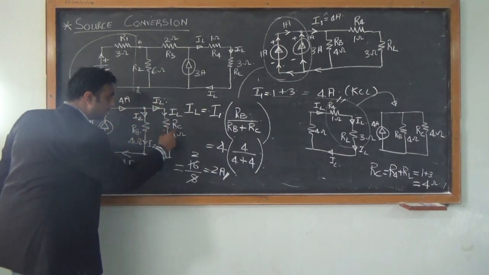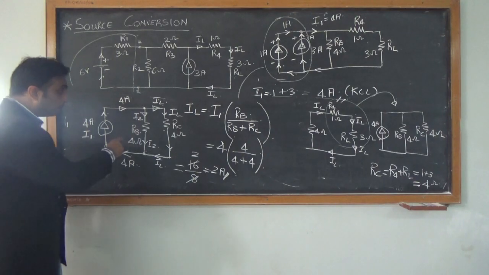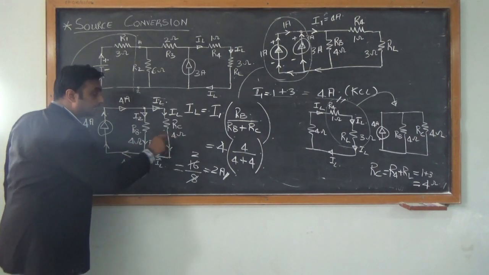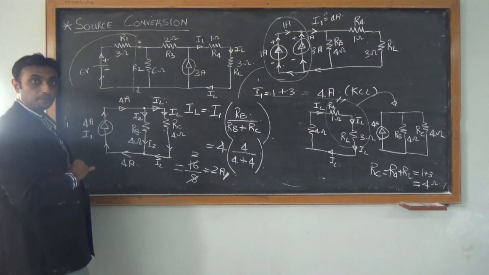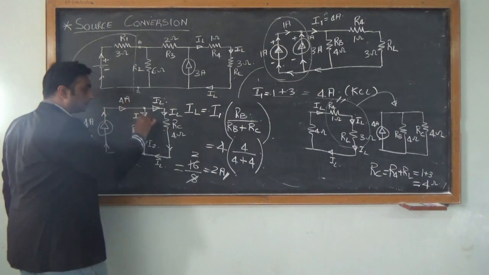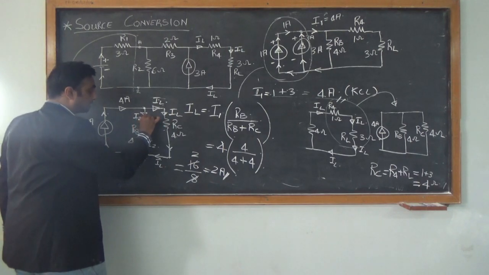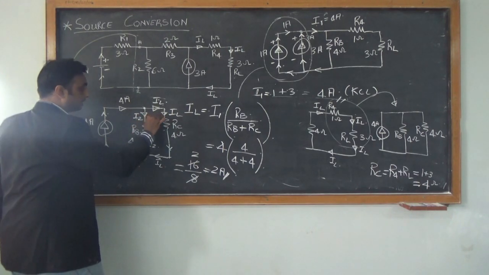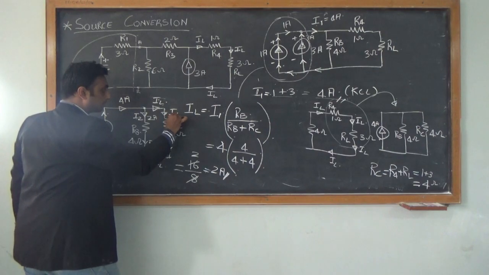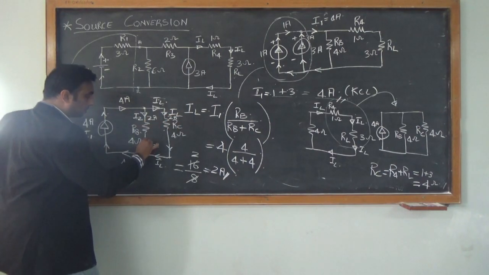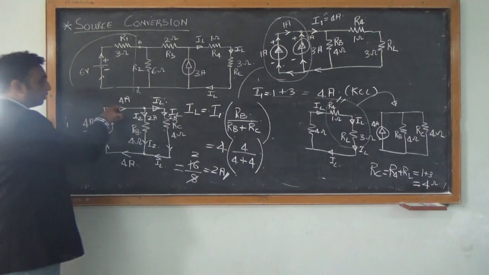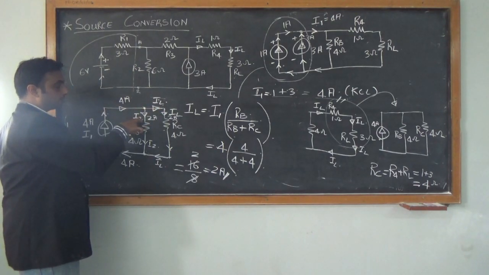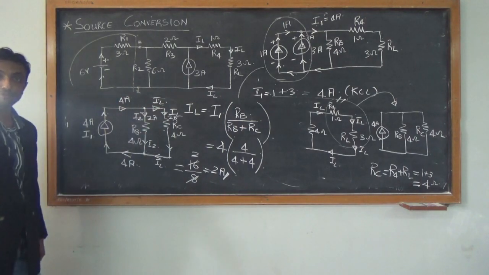Why? Because both the resistors are having the same value. So if there is 4 amps of current here, then the current will be split equally across both these resistors. That means 2 amps of current will flow in this resistor and 2 amps of current will flow in this resistor. Both combined, 2 plus 2 gives us 4. Number of incoming currents equals number of outgoing currents. 4 equals 2 plus 2, which equals 4.